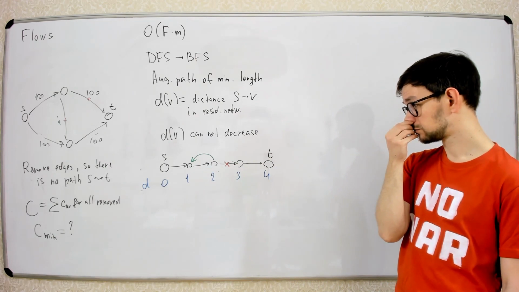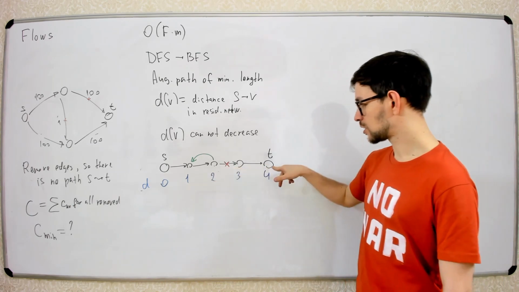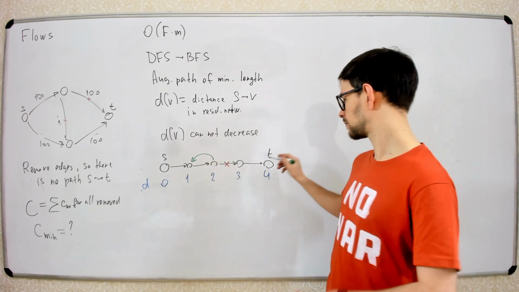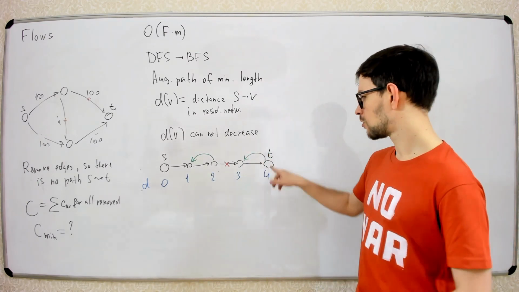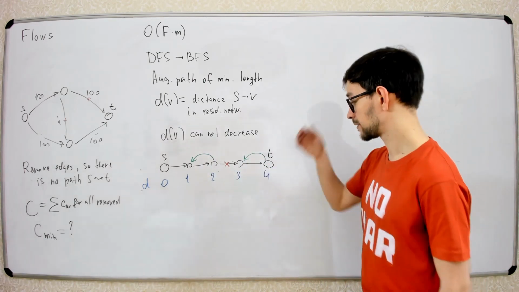So we remove some of these edges and add some of these edges. Maybe not one, maybe many of them. Actually, we'll add all of them. So all the reverse edges will be positive after we apply this.